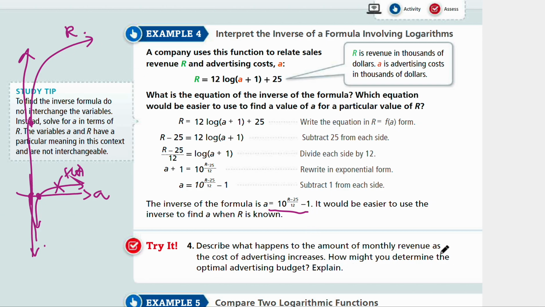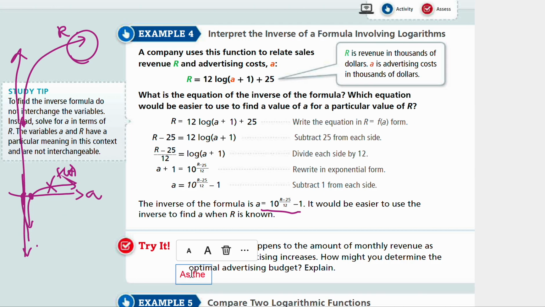So as the cost of advertising increases, as A gets greater, we're looking at this end behavior, the revenue would increase, right? It wouldn't increase exponentially like that, but it increases slowly, as a logarithmic function would do. So we can say it increases logarithmically. And so let's explain further here.